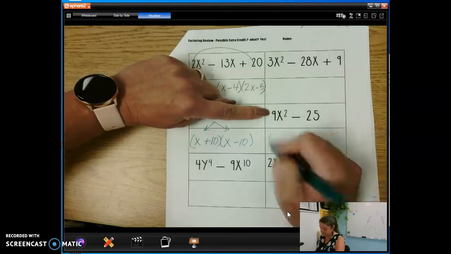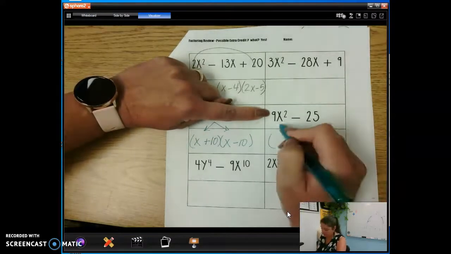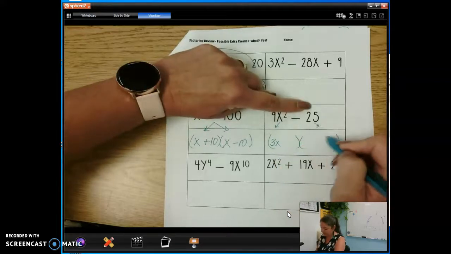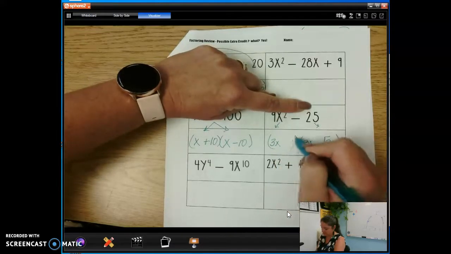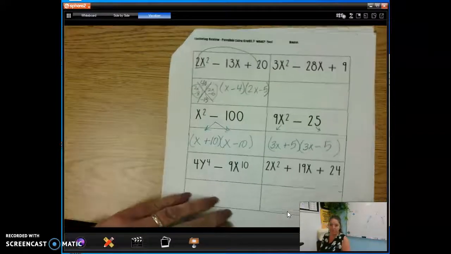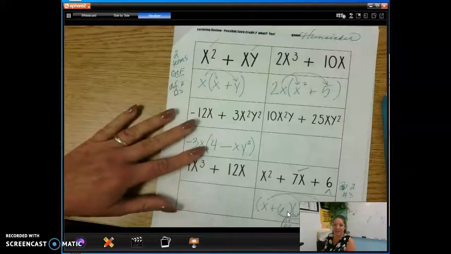Same thing with this. I'm just going to square root them because they're square rootable. So when you split it up evenly, 3x and 5, you get 1 plus 1 minus. Okay? The rest of this is yours to do if you want some extra credit.